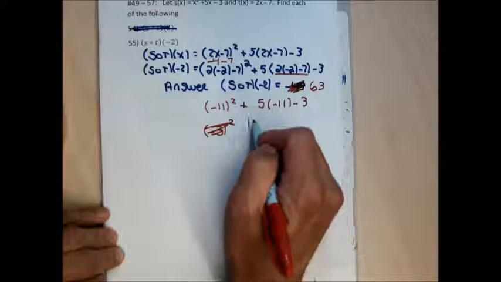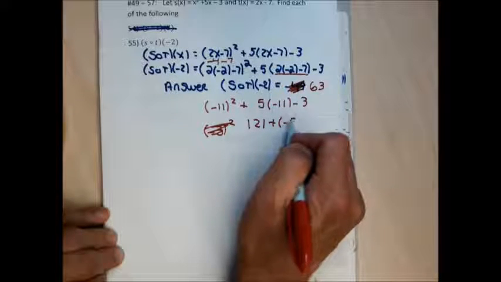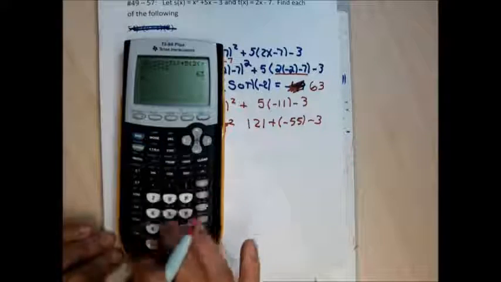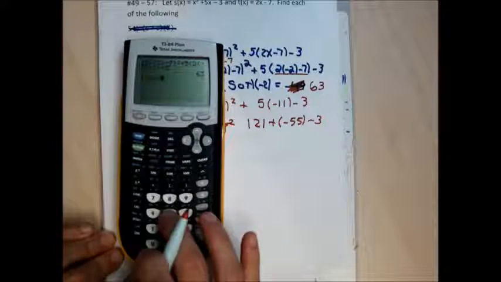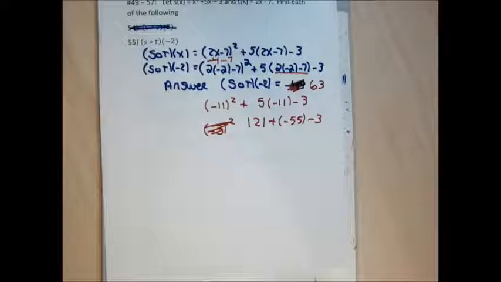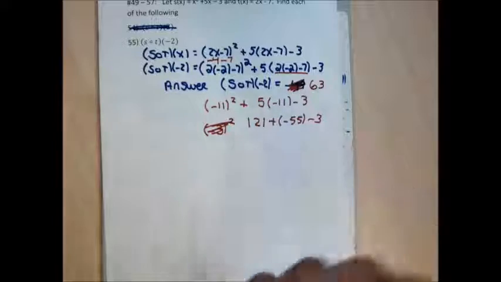This is going to be 121, which is negative 11 squared, plus negative 55 minus 3. And 121 plus negative 55 minus 3 is 63. So 63 really is the answer. I'm not sure what I did wrong. As I watch the video, I'll see what I did wrong, but I fixed that mistake.